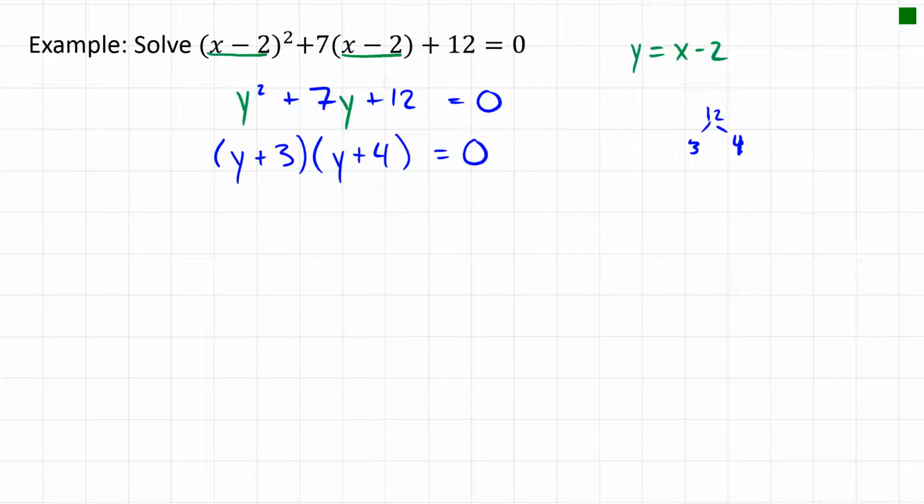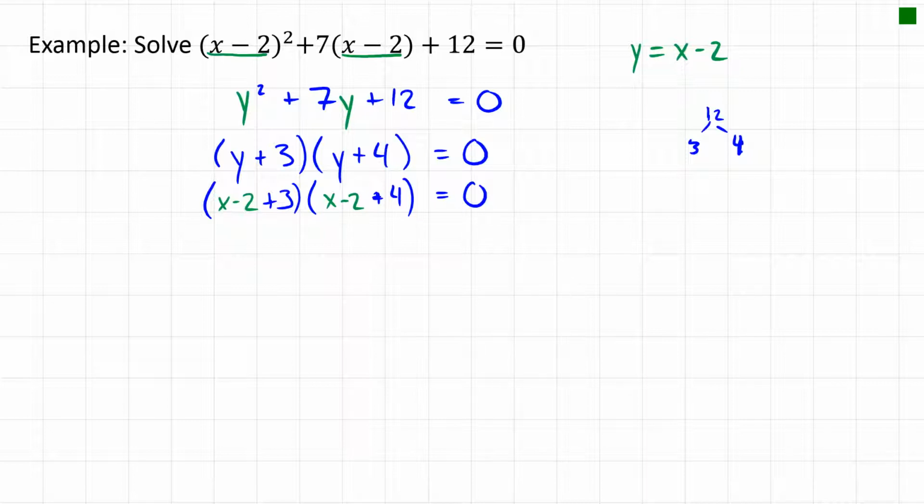I could get my solutions from here, but again, I'm not asked about y, I'm asked about x. I'm asked to solve this equation which has an x in it. So I put x minus 2 back in the place of y. So that's either x minus 2 plus 3, or x minus 2 plus 4, multiplied together equals 0.